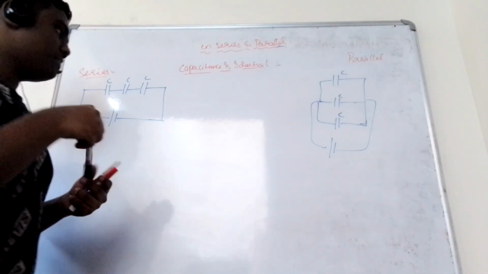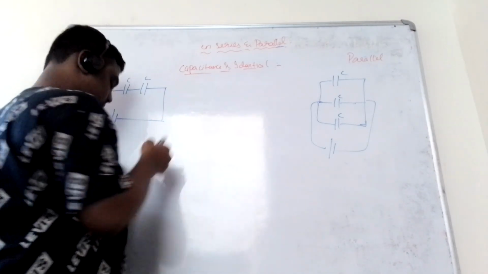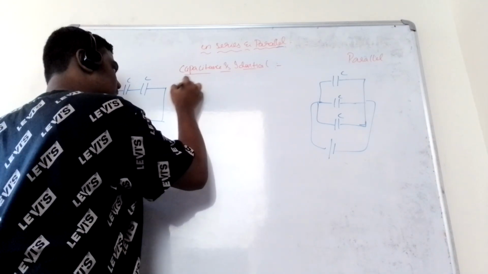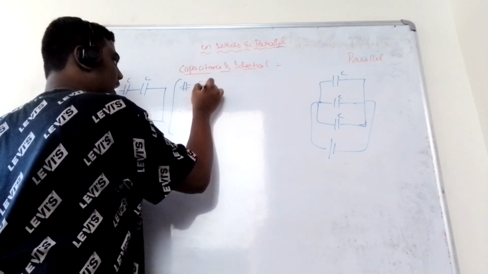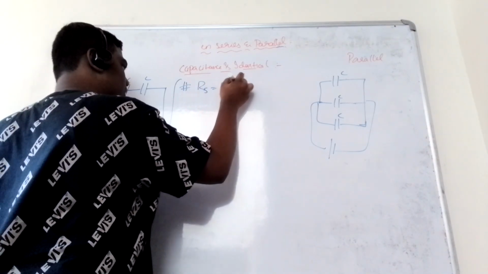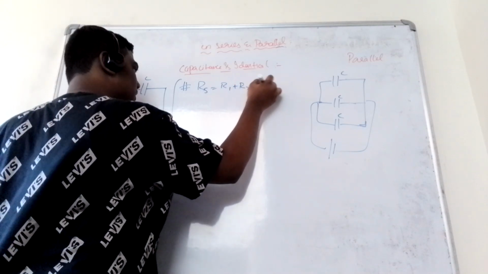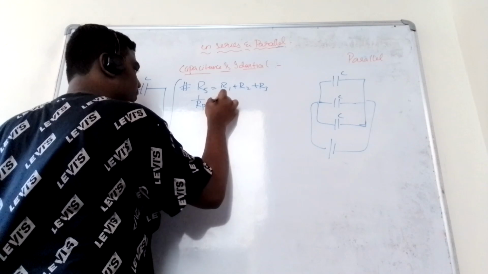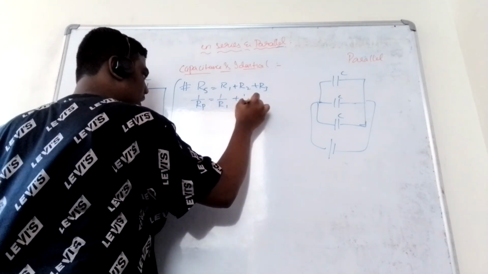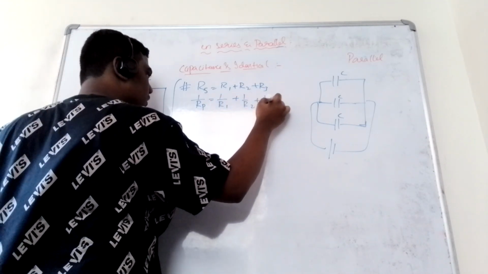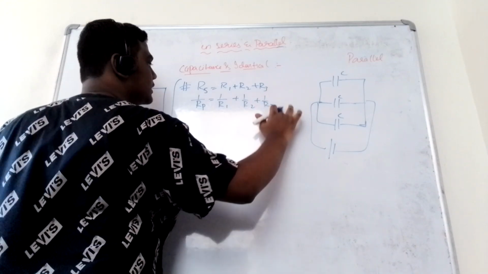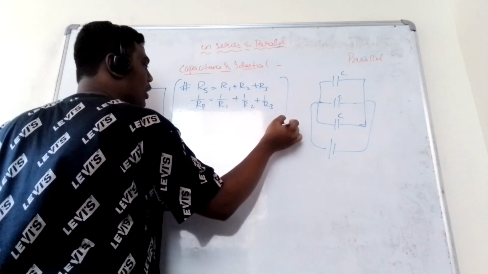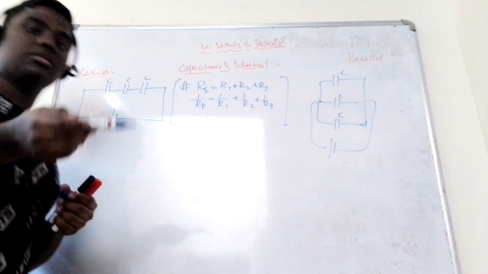Now, if you remember in resistance, we are just recapitulating: we had RS is R1 plus R2 plus R3, and 1 by RP is 1 by R1 plus 1 by R2 plus 1 by R3. Correct? This we had in case of resistance. Now let us see what we will get in case of capacitance.